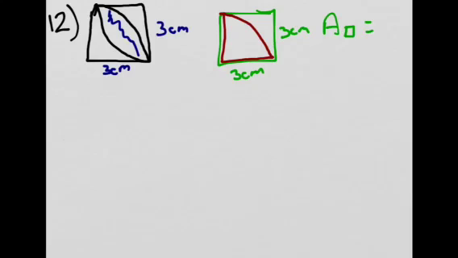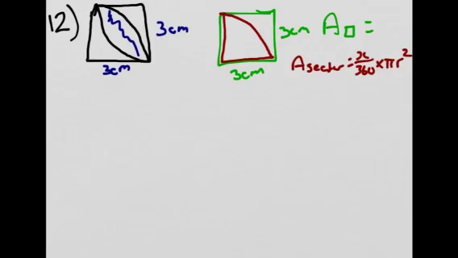So the formula you need for that is angle over 360 times pi r squared. Okay, so you find the area of the sector, which is angle over 360 times pi r squared. Now you should know the angle inside.